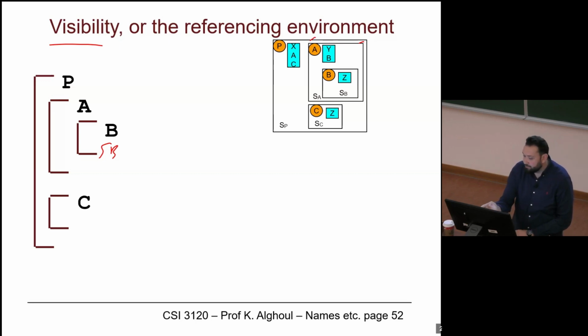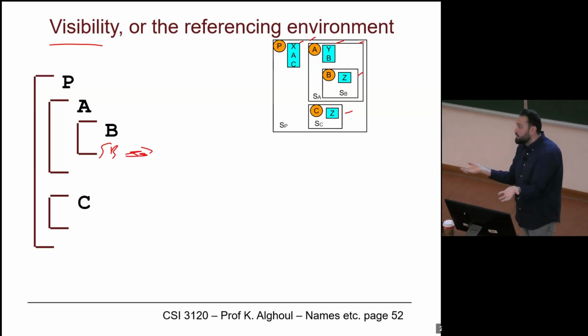How many variables do we have? We have X, we have Y, we have Z, and we have another Z here. Correct? So if I'm here, what is visible to me? If I know what's visible to me, that means I know my scope. That's what I can use. I cannot use anything outside of my visibility.